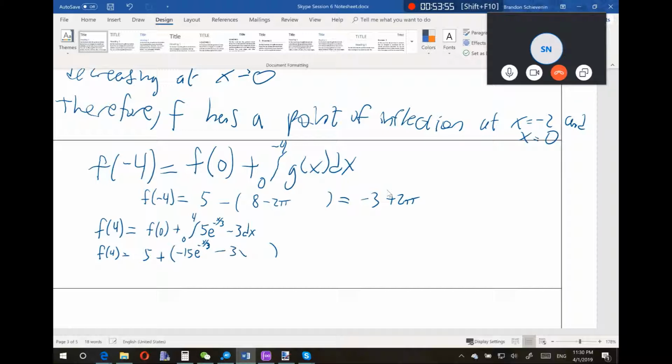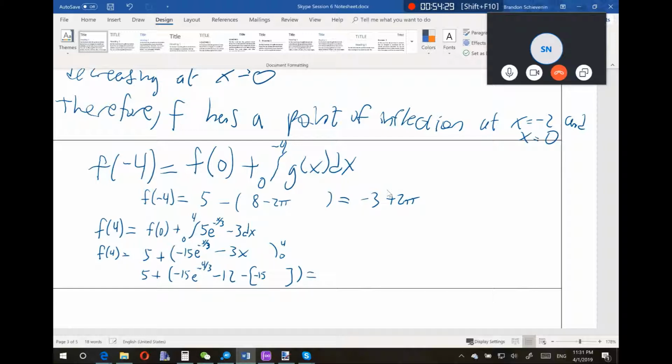Negative 3x. Okay, and we're going from x equals 0 to 4. So then I'll plug in our bounds. This will be 5 plus negative 15e to the negative 4/3 minus 12, minus negative 15e to the 0, which is negative 15, minus 0.